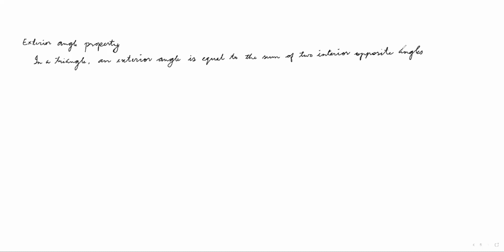In a triangle, an exterior angle is equal to the sum of the two interior opposite angles. Now this sounds a bit difficult, right?